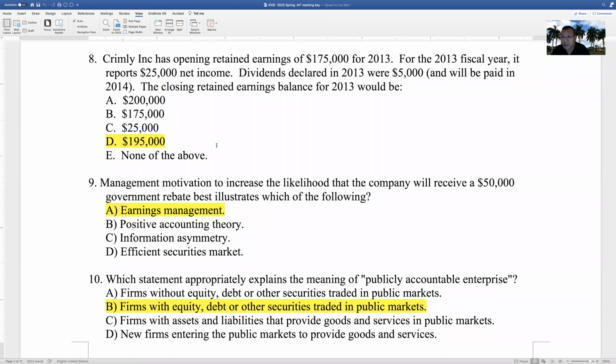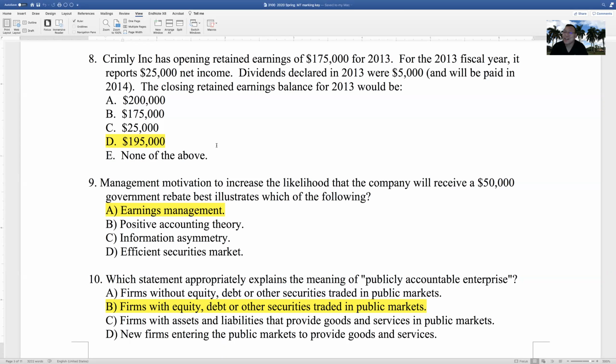Creamly Incorporation has opening retained earnings of 175,000 for 2013. For the 2013 fiscal year, it reports 25,000 net income. Dividends declared in 2013 were 55,000, which will be paid in 2014. The closing retained earnings balance for 2013 would be, well, closing balance equals opening balance plus net income minus dividend.